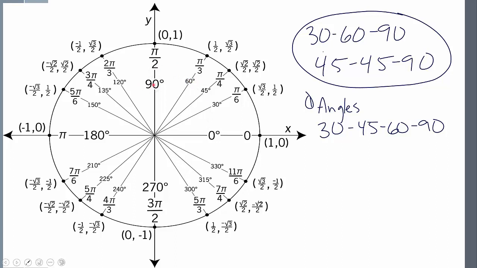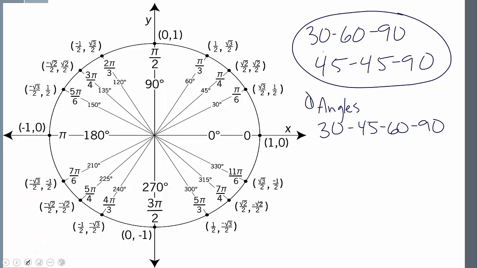Then from that 90 degrees, 90 plus 30 is 120, then 45, 60, 90 again. You're just adding to the previous value. 30, 45, 60, 90.